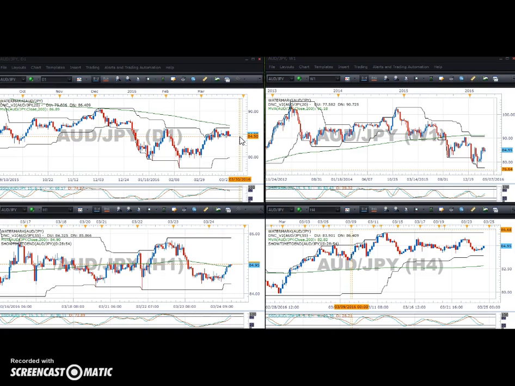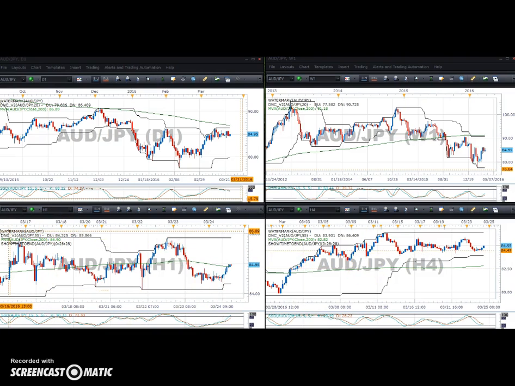So we would not expect the trend to be quite as great in this situation. And we can see somewhat of a ranginess on the daily chart, and naturally we're going to see a little bit of a ranginess also on the 4-hour chart. That being said, with a trend trading strategy, this is likely something that I would not be looking at at this point for a trend trading strategy.